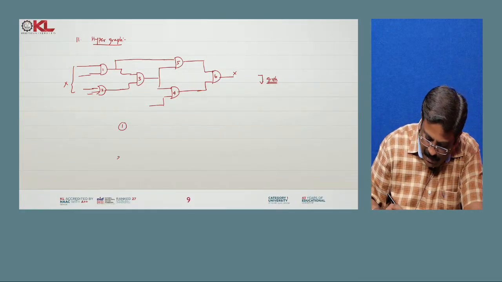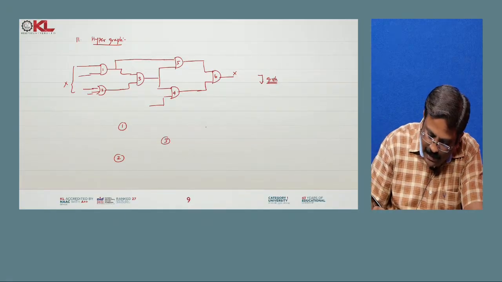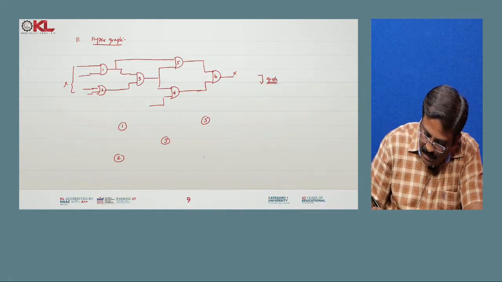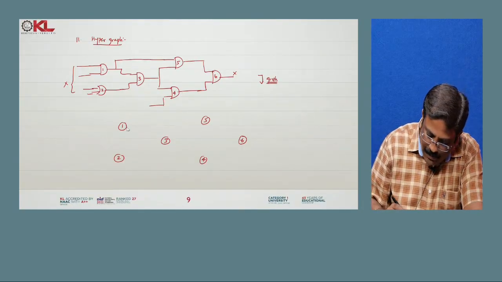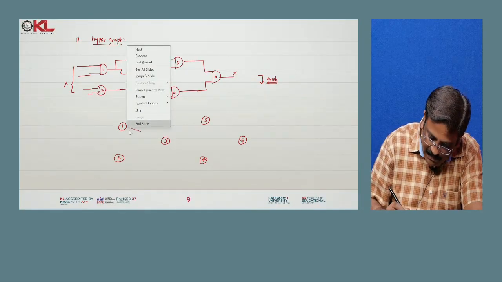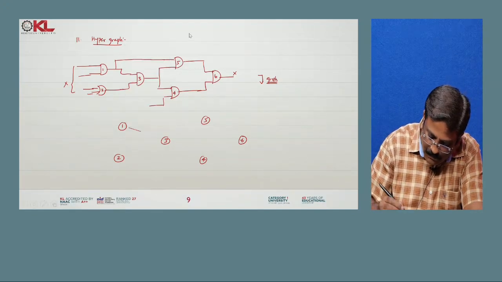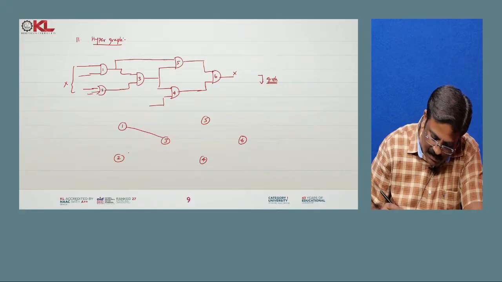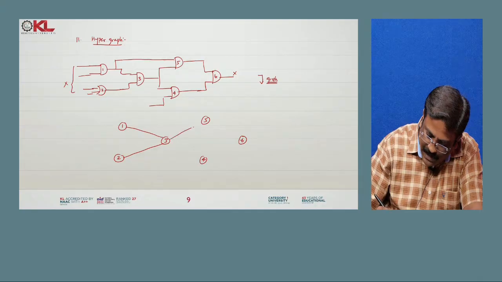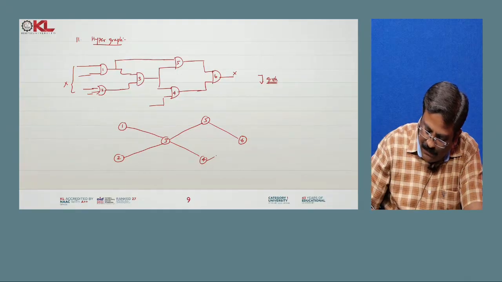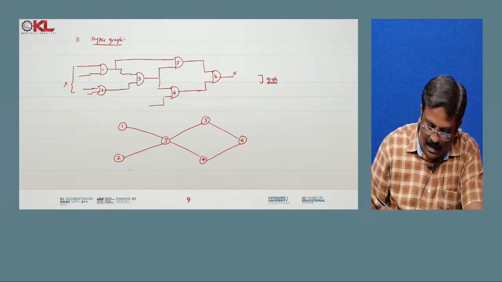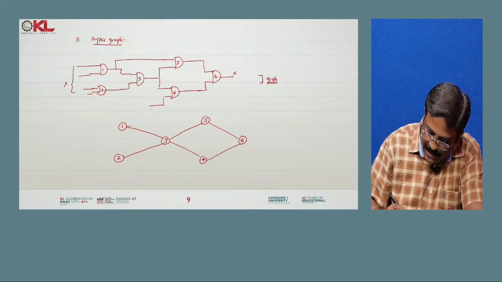Cell 1, cell 2, cell 3, cell 5, cell 4, and cell 6 are available. 1 to 3 there is a connection, 2 to 3 there is a connection, 3 to 5, 3 to 4, 5 to 6, and 4 to 6 there is a connection. Also, 1 to 5 there is a connection.